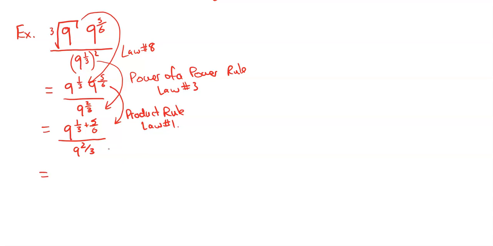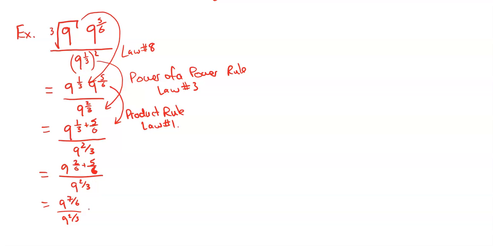Now, 1/3 plus 5 over 6, I need a common denominator to add those, so I'm going to write it as 2/6 plus 5 over 6, divided by 9 to the power of 2/3. And then 2/6 plus 5/6 is 7/6, so it's 9 to the power of 7 over 6. And we're dividing that by 9 to the power of 2/3.